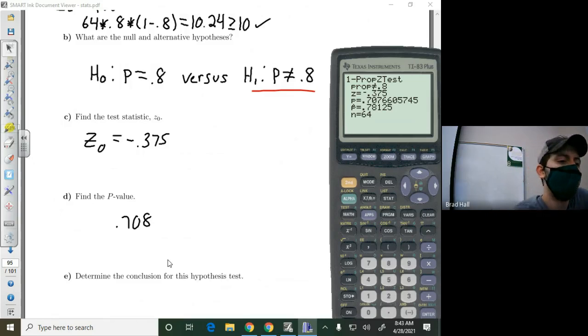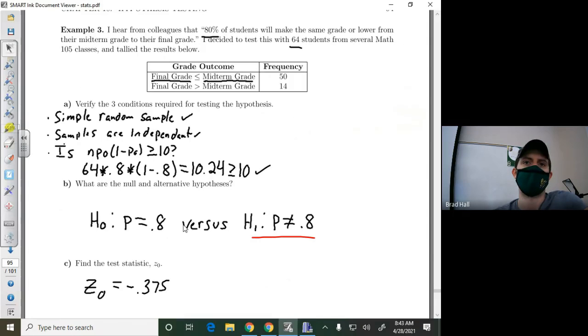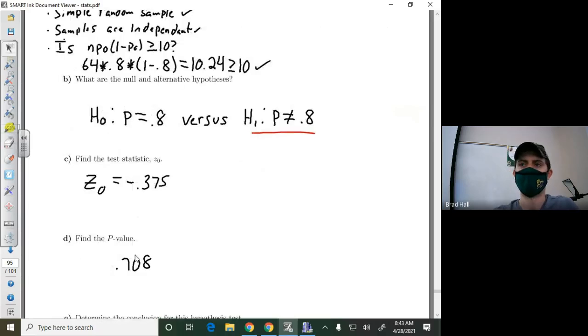And then they want us to determine the conclusion for this hypothesis test. You might look at the problem and think, where's alpha? It didn't give us a value for alpha. And I claim we don't need alpha. We don't need alpha here because our p-value is very large.